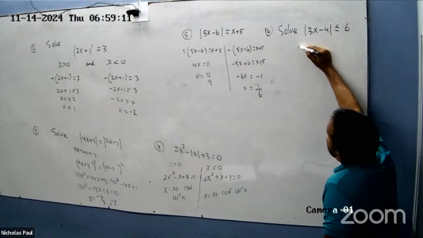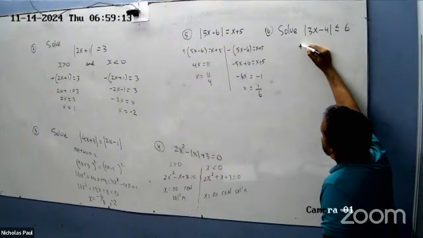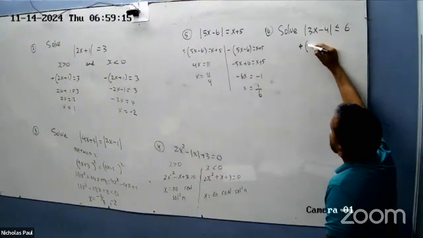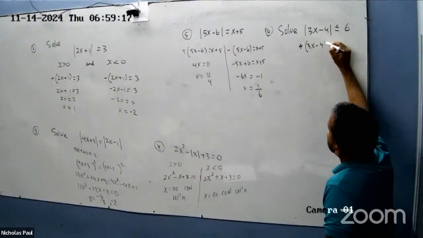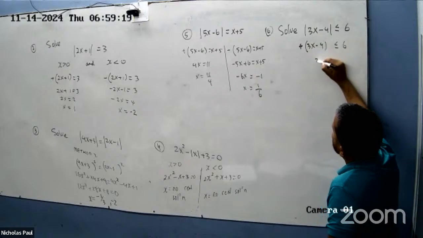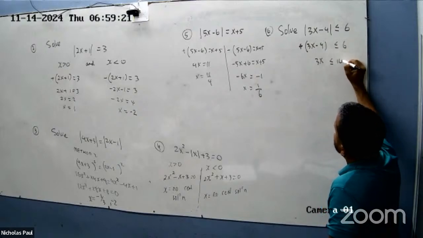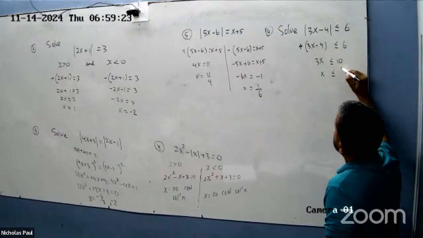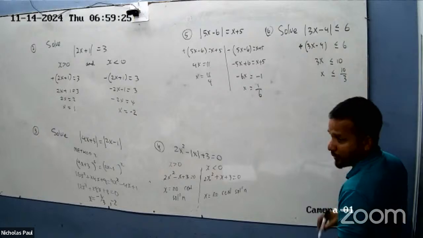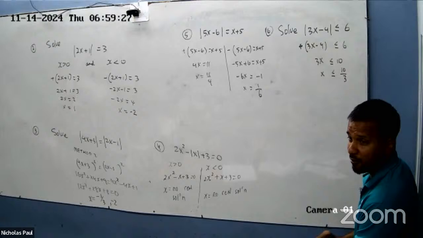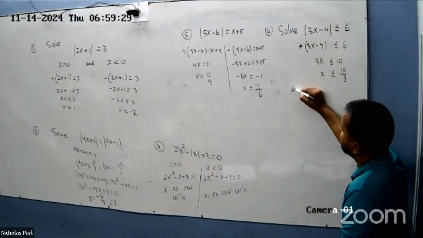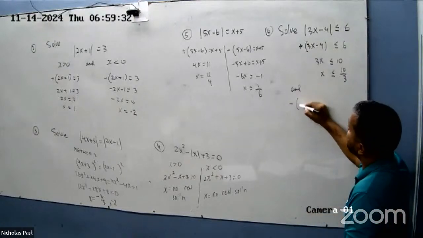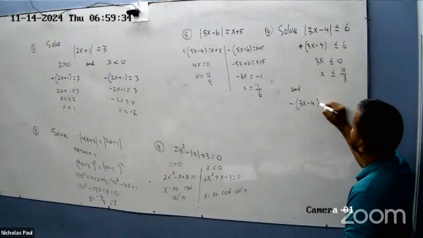We have to remember when it's a plus, it will be 3x minus 4 is less than or equal to 6. 3x is less than or equal to 10. X is less than or equal to 10 on 3. That's okay. But when it's negative, we have to remember this.